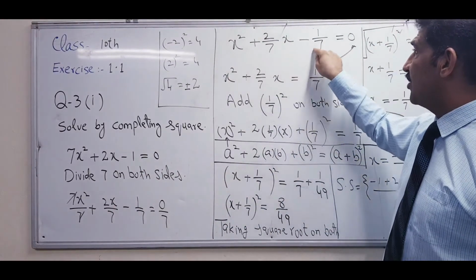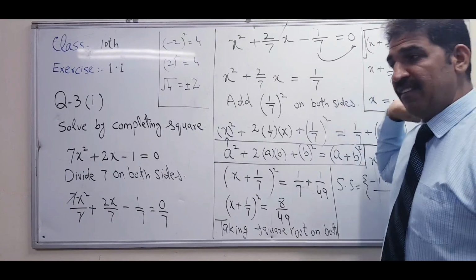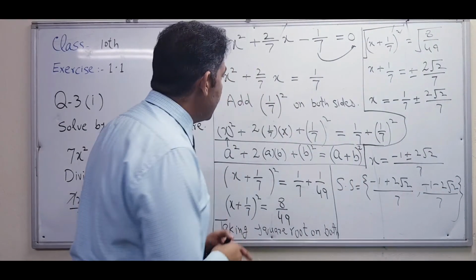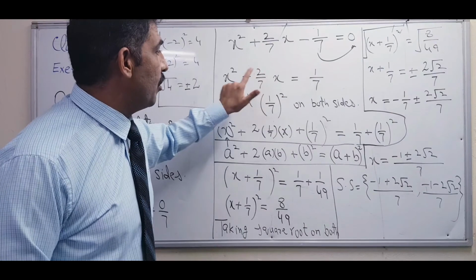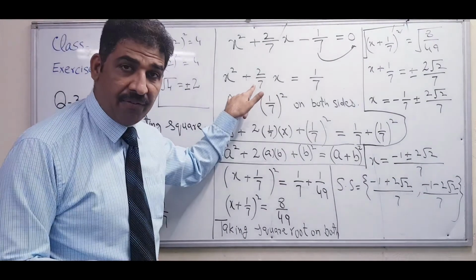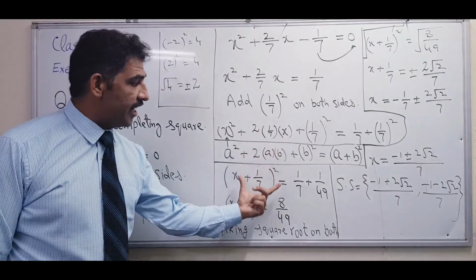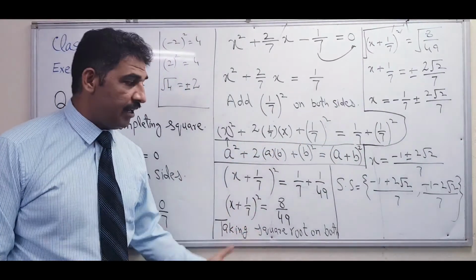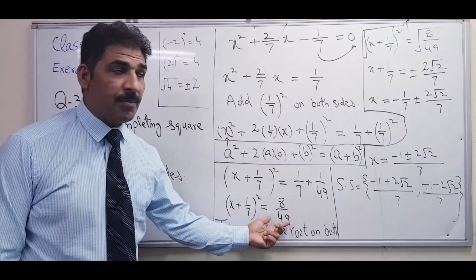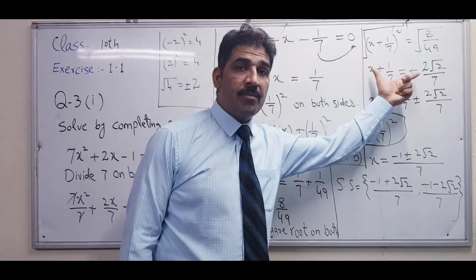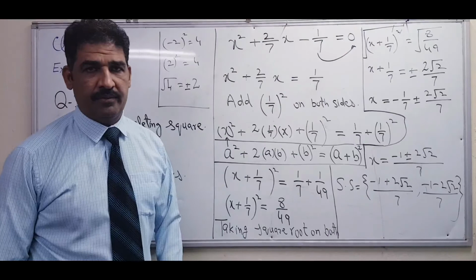Second step, shift the constant. The third step, take half of the coefficient of x and add its square on both sides. So the left hand side will always become a perfect square. The right hand side you have to simplify, take the root on both sides, then simplify.